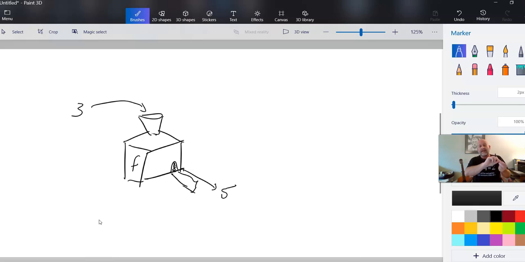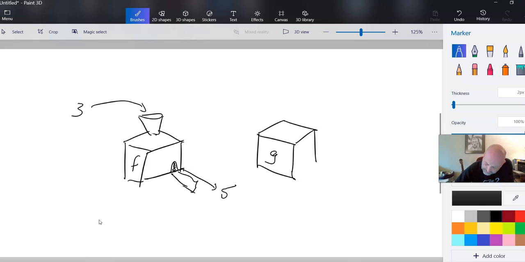So if the function f takes 3 and maps it to 5, then its inverse will take 5 and map it back to 3, right? Now I'm not going to use the notation for an inverse function just yet. I'm just going to call this function g, just for ease more than anything else.